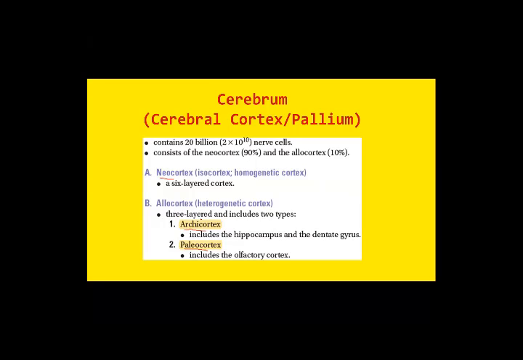By phylogenesis, we mean on the basis of evolutionary stages or embryological development, where archi is the oldest to develop, paleo is the next stage of development, and neocortex is the latest of all. Neo means new. So these are the two main components of cerebrum.